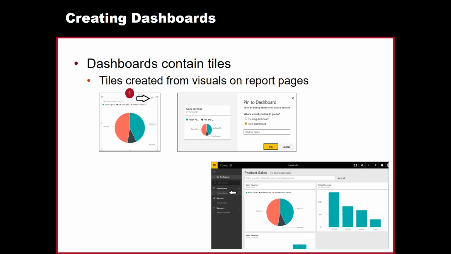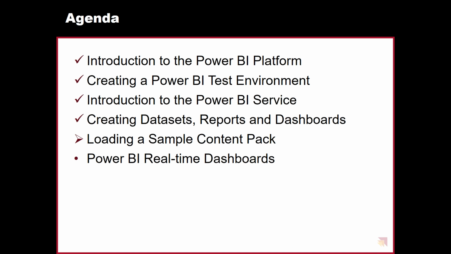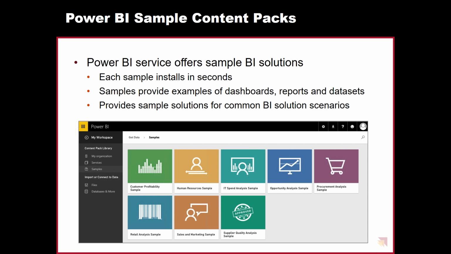And the idea is that you create visuals, and they display fields from the underlying data. Then also the whole idea of going to a visual, finding that little pin, clicking it, and pinning it to either a new dashboard or an existing dashboard, and then repositioning the dashboard is what's important. Also note, if you just want to play around, there are a lot of samples you can use.